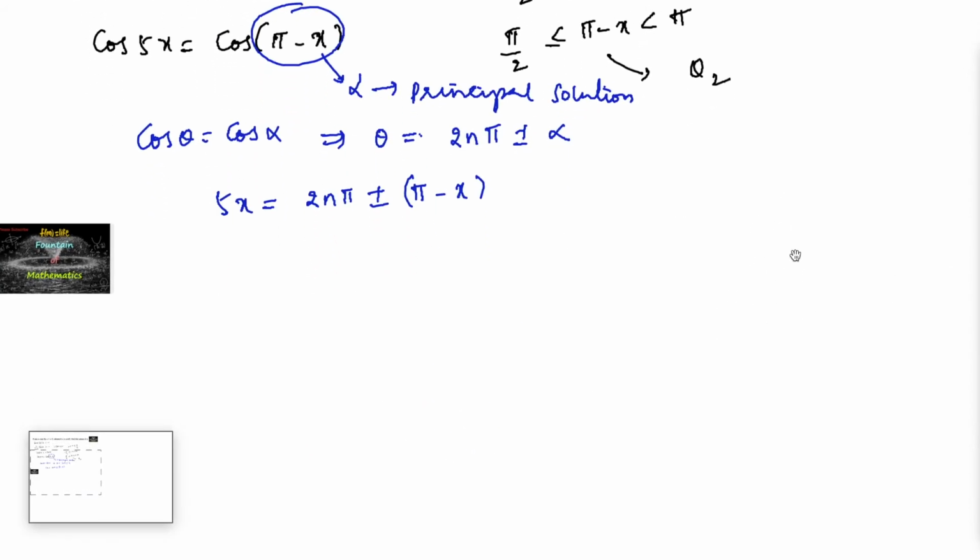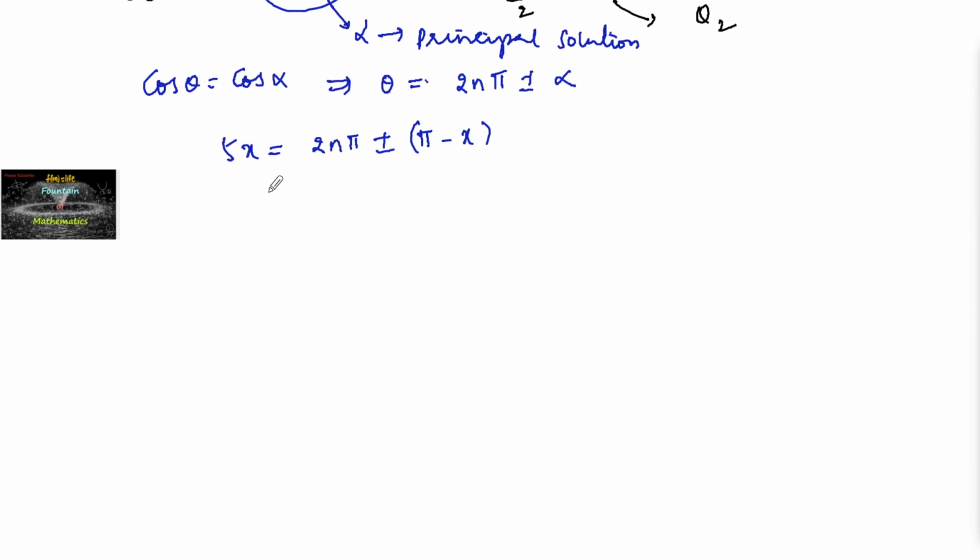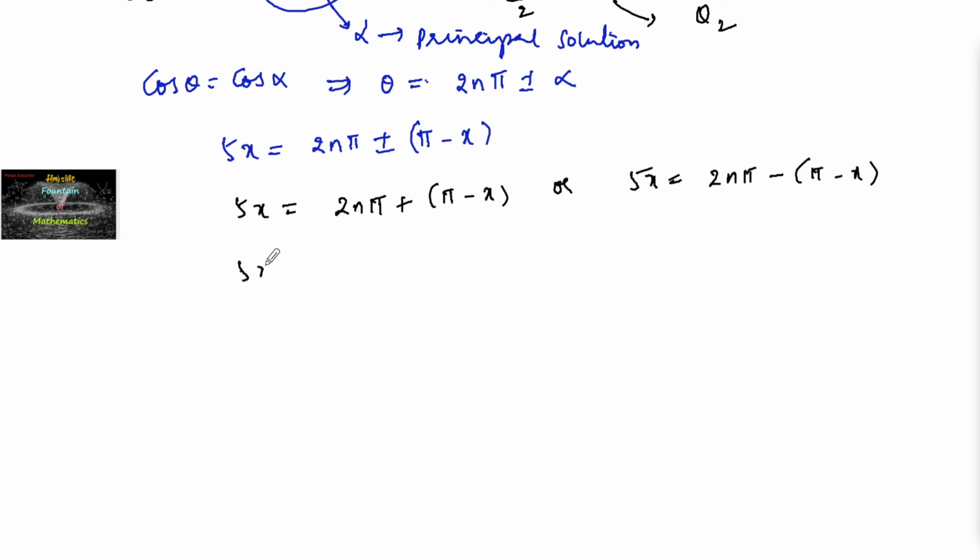Since pi minus x belongs to the principal range, this can be written as 5x is equal to 2n pi plus (pi minus x), or 5x is equal to 2n pi minus (pi minus x). So we can write this as 5x is equal to 2n pi plus pi minus x, or here 5x is equal to 2n pi minus pi plus x.